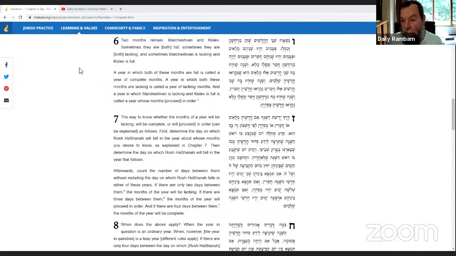We've left 2 months out that we have not mentioned in the aforementioned halacha, and those 2 months that we have not mentioned are Mar Cheshvan, the month after Tishrei, Rosh Hashanah, and Kislev, the month in which Hanukkah falls on the 25th. Sometimes they are both full, sometimes they are both lacking, and sometimes Mar Cheshvan is lacking and Kislev is full.